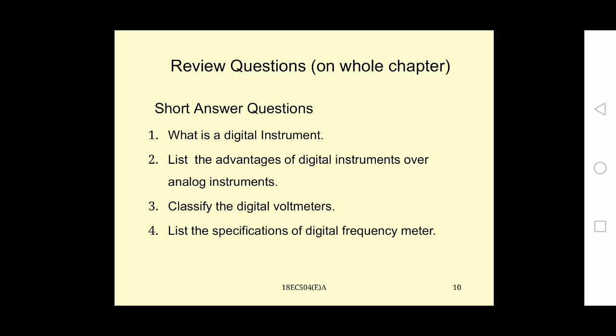Based on that, your unknown frequency f will be equal to n by t, where n is the number of pulses counted and t is the time period between the start and stop action of the enable and gate control flip flop. And if you want to measure the time period, then t equals n by f.